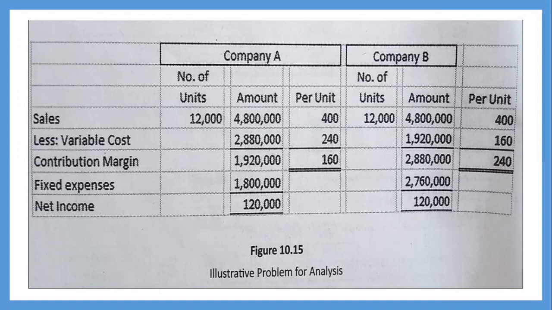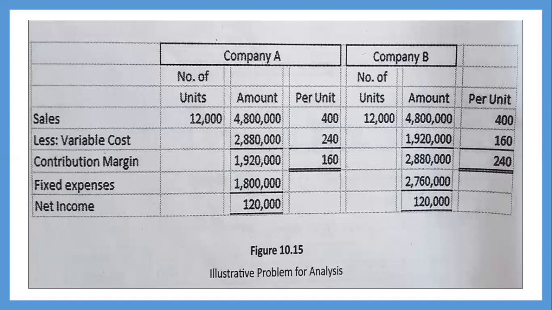Both companies A and B, as you can notice, have the same net income of 120,000 pesos, but company A has 60% variable cost with fixed cost of 1,800,000 pesos, while company B has only 40% variable cost with fixed cost of 2,760,000 pesos. Which of the companies is vulnerable to downturns of business operation?